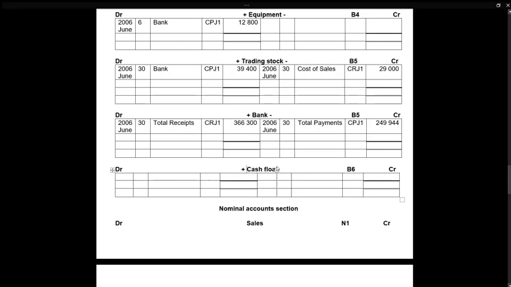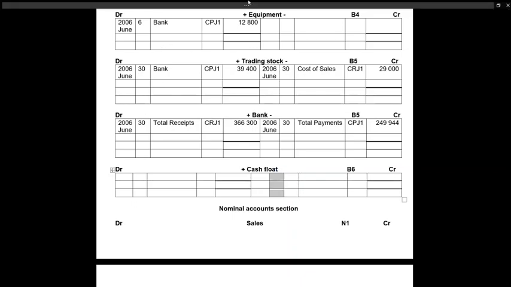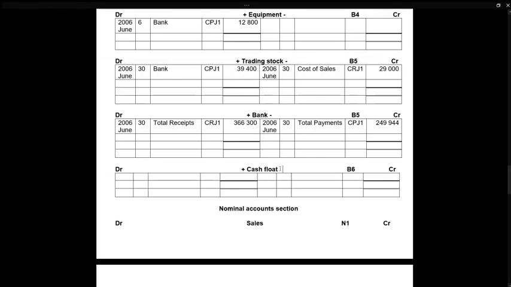Technically, it works exactly the same as bank, except you don't have journals for cash float, or you will later on. Hey, what did I do now? Just quickly fix that. Undo. Right, it increased with 500 Rand. Where did I get this information from? CPJ1.